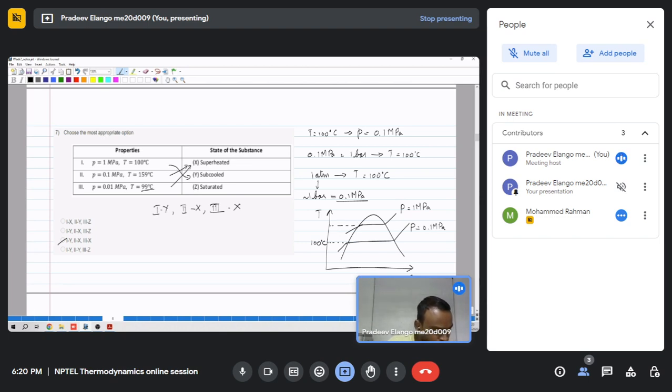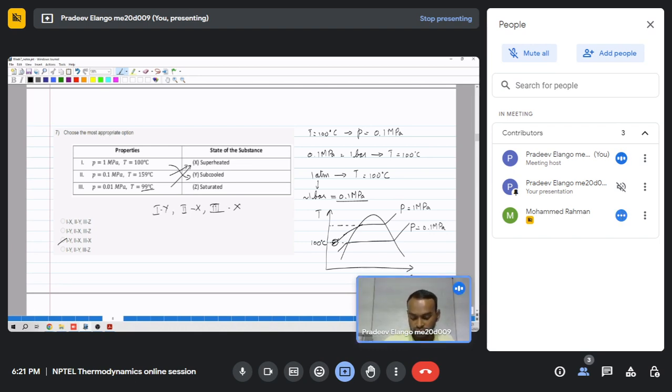The saturation temperature is going to be more than 100. So if it is 1 megapascal and the temperature is here, it is somewhere at this point. So this is at subcooled state.